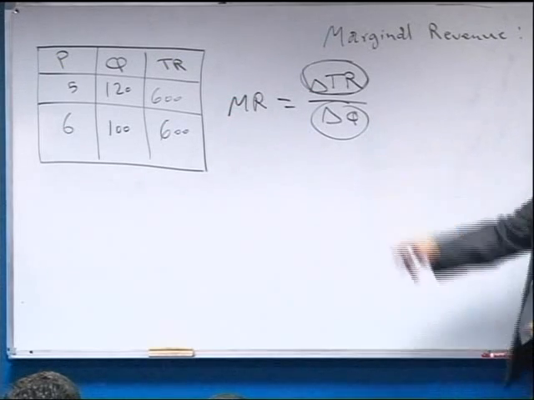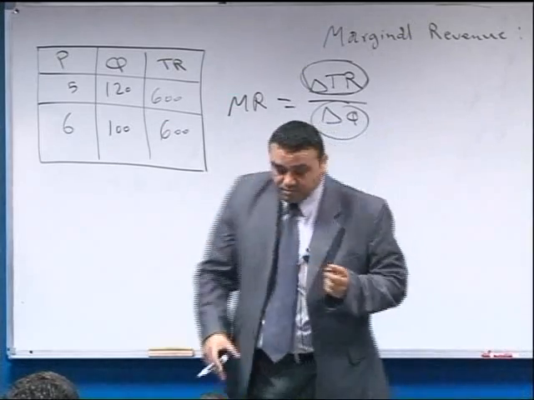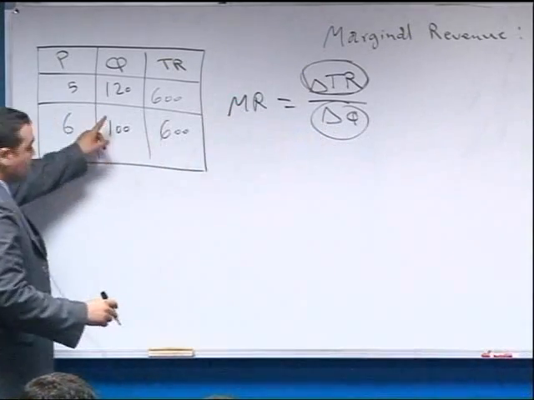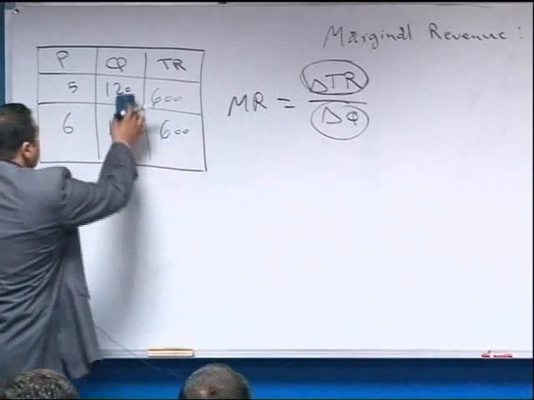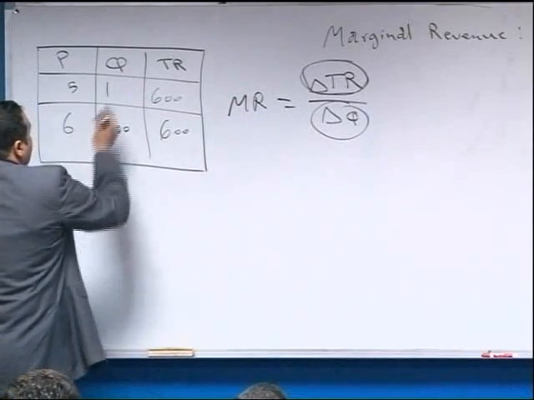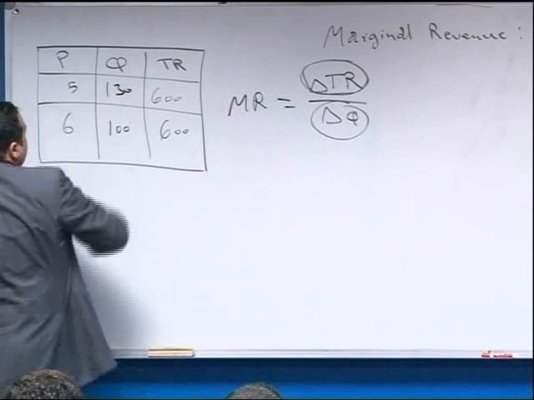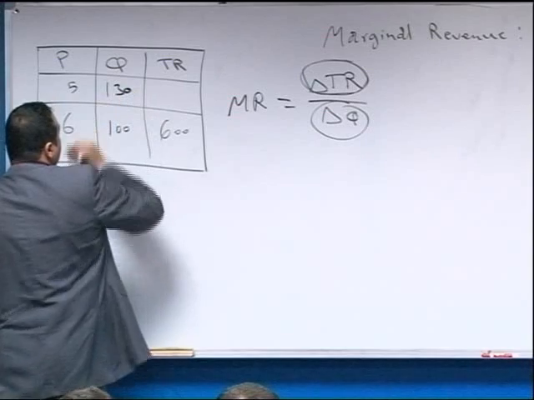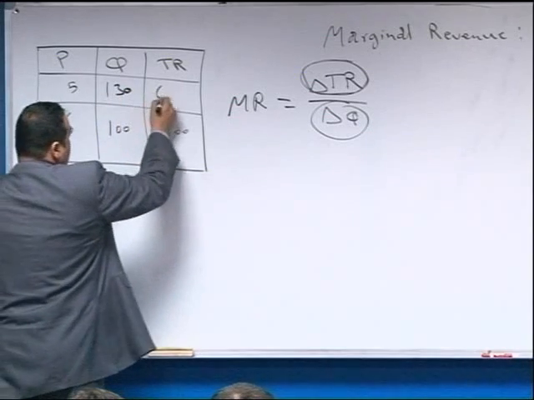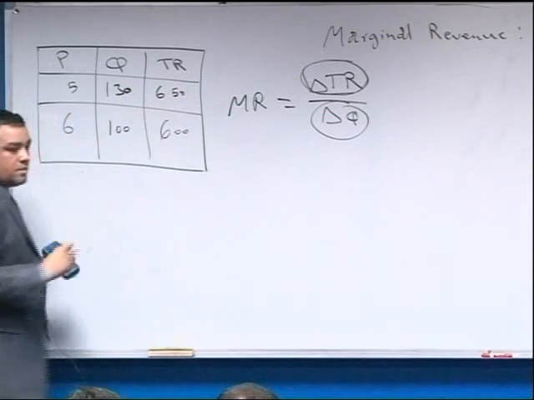So in this example, or in the previous one, suppose this is 130. How much was the total revenue? 600.